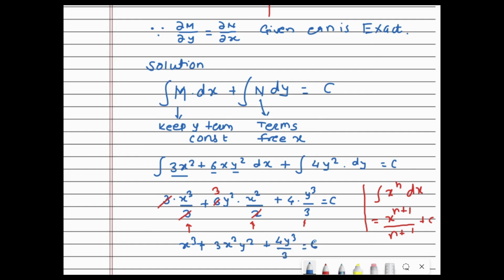So this is the general equation from which that differential equation has been formed. Means if we differentiate this and go on differentiating this, we reach that differential equation which was given for us to solve. Okay, so such type of one problem appears in the examination that belongs to this category of exact differential equation.